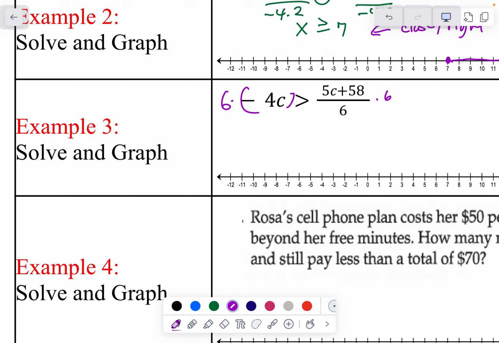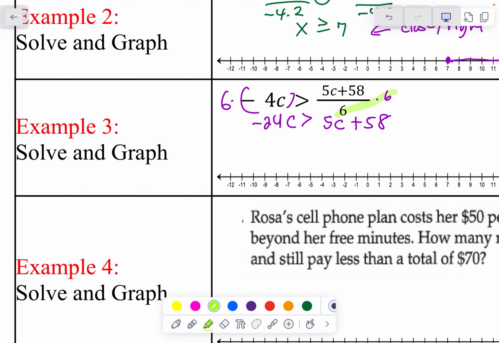6 times 4 is 24, so that's negative 24c. And that will equal the top of that fraction, because what's great now is the 6 is canceled out by cross-multiplying. Okay, so now it's just a pretty standard equation. You notice I didn't flip the symbol because I multiplied by a positive. So I didn't have to flip the symbol in that first step, okay?